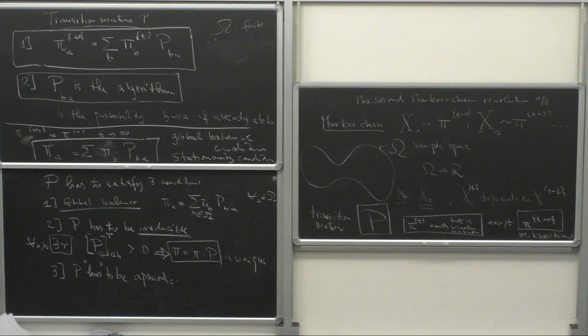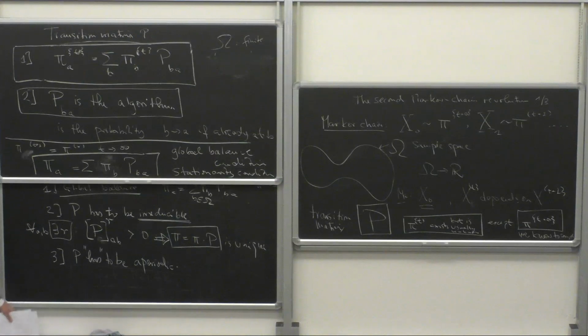And if it is aperiodic, what it simply means is you start at A, you come back to A at some point, so you have to be able to come back to A, and the time after which you come back to A can be some time r1, r2, r3, and they have to not be multiples of more than 1.